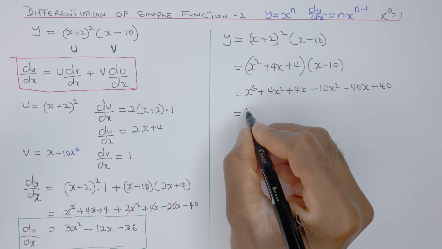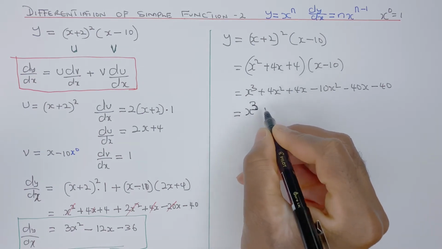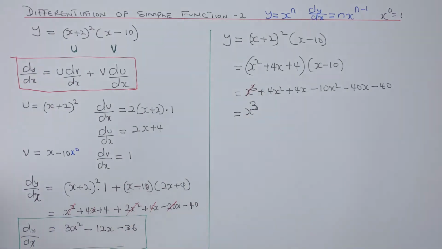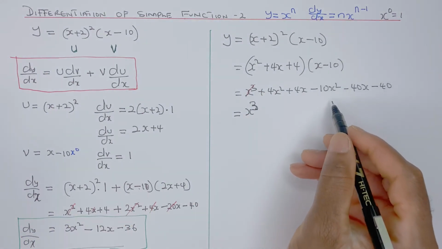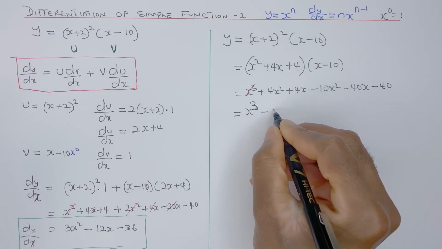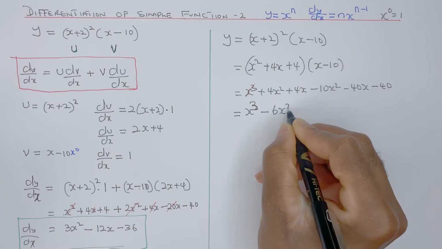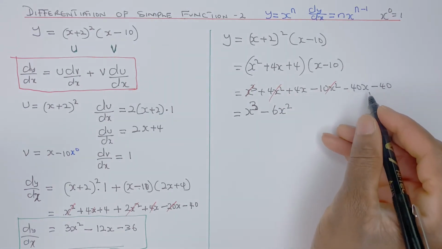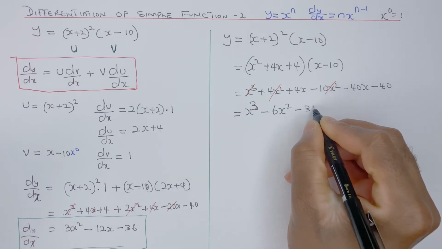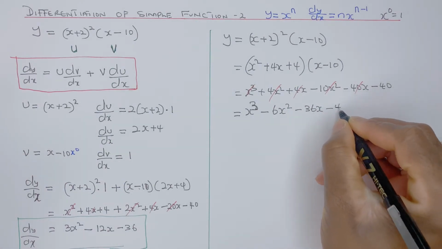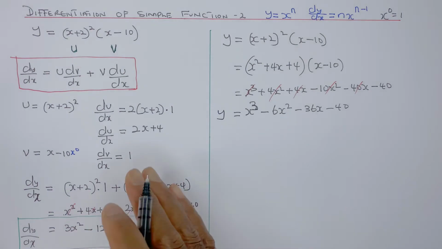Simplify now. x cubed, so x cubed is gone. 4x squared minus 10x squared will be minus 6x squared. 4x minus 40x is minus 36x. And I've got minus 40. So this is my y. And then we can differentiate.